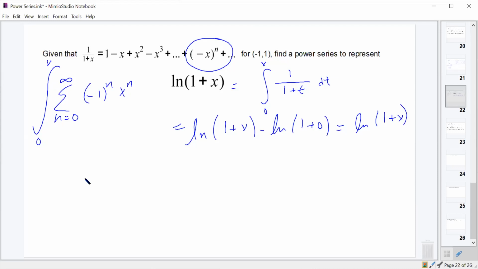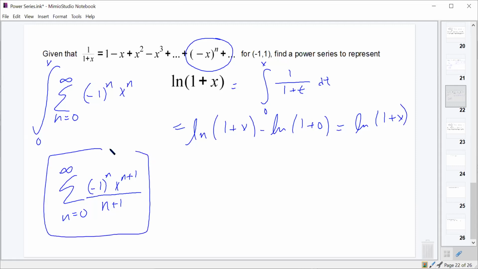Negative 1 to the n is just a constant, right? That should just stay. How do you integrate x to the n? It becomes x to the n plus 1 over n plus 1. And so this series should represent the natural log of 1 plus x.